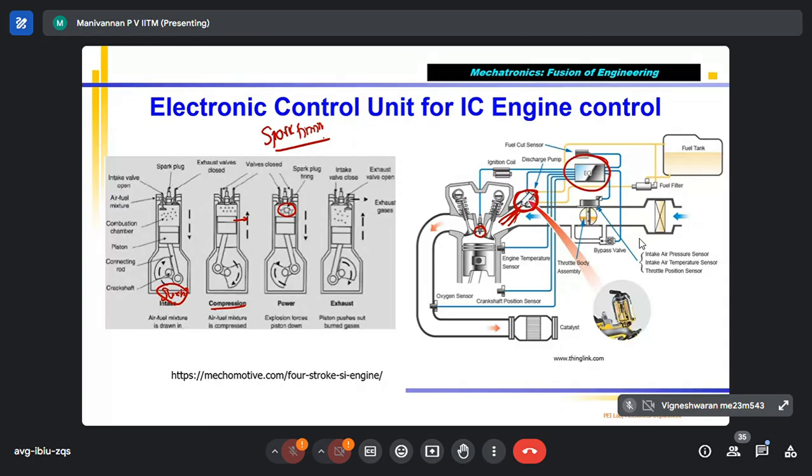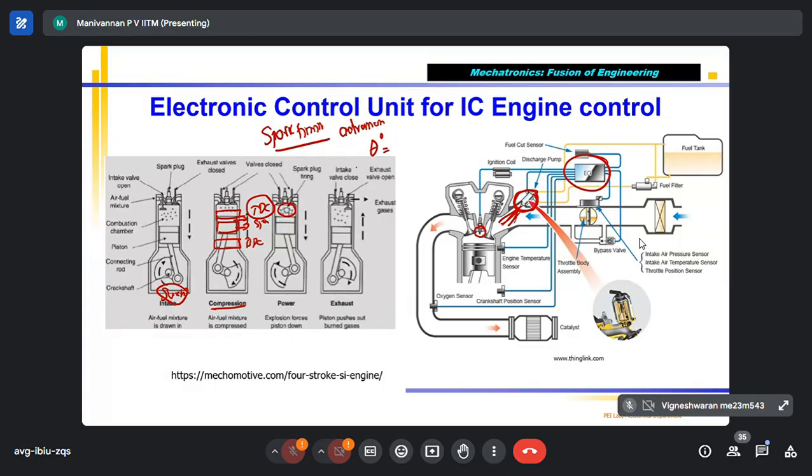The spark will be given not when the piston reaches the top. For example, this is the TDC position. Moving from BDC to TDC, when the piston is somewhere near the top, you give a spark. That is called spark advancing. When the piston reaches TDC, theta is 0 degrees.